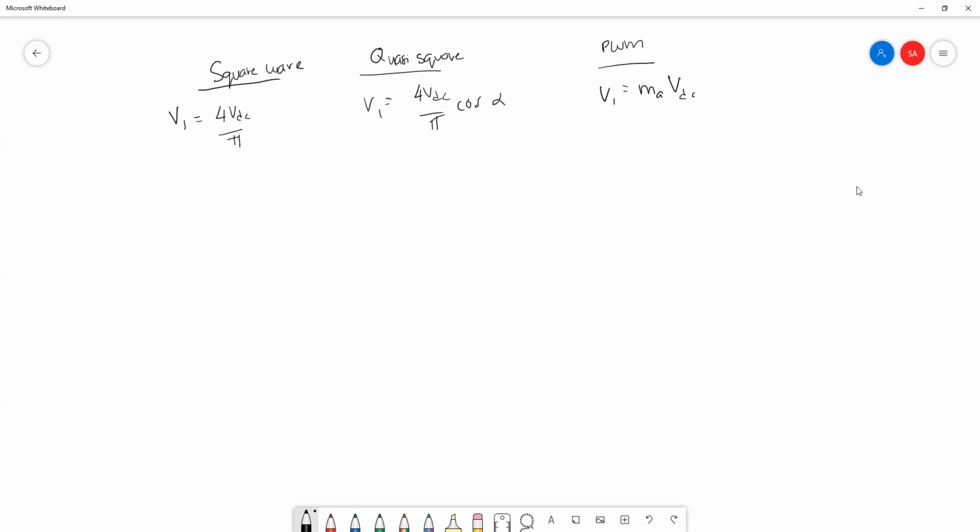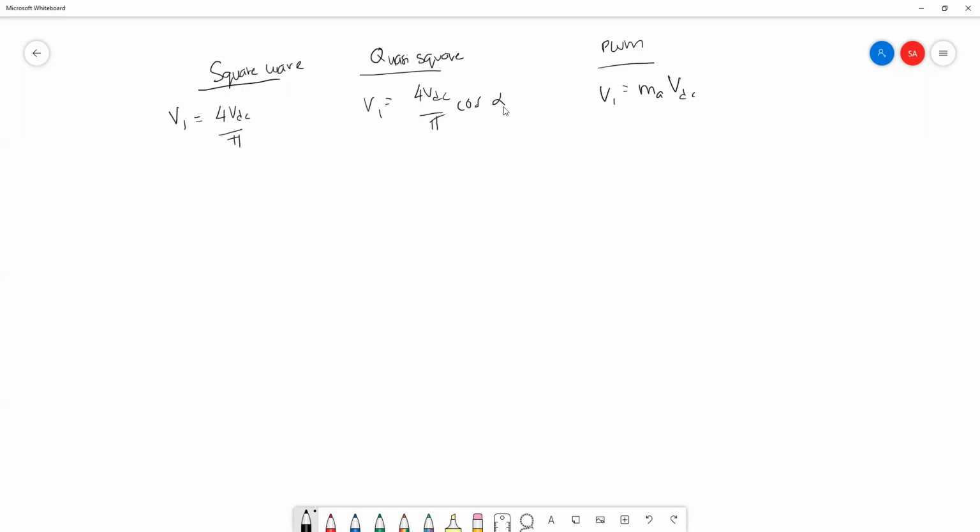If you look at the expressions, for the square wave and quasi square wave, you are not allowed to vary the output voltage, because there is no variable that you can adjust or tune. You have only a constant, 4 VDC over pi, and for quasi square also a constant, but you have the variable cos alpha.